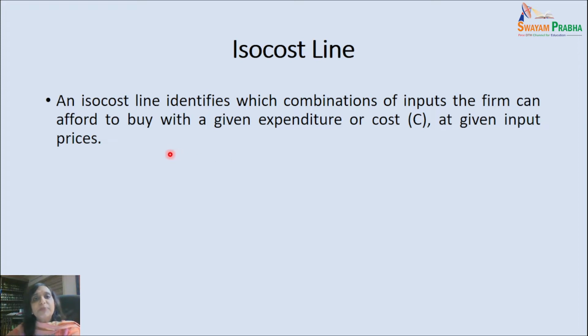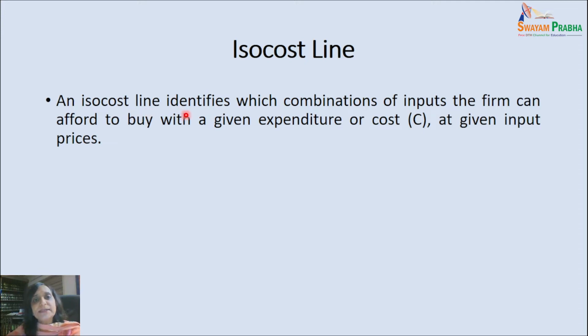So if the price of labor and price of capital are given, and also the firm has been given how much budget it has or what cost it intends to incur, then all the combinations of labor and capital which the firm can afford with the given expenditure or cost, that line which we get is called an iso cost line.